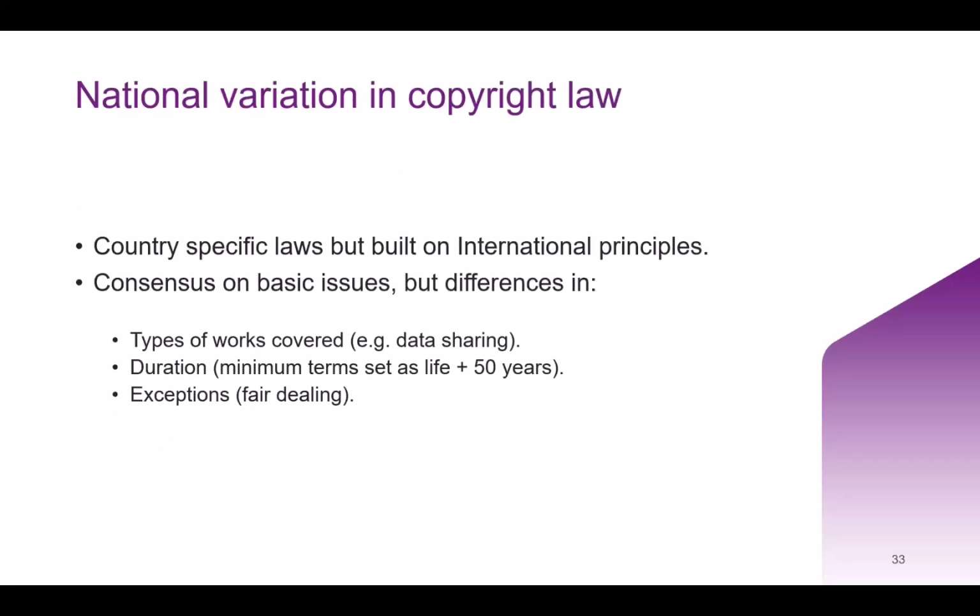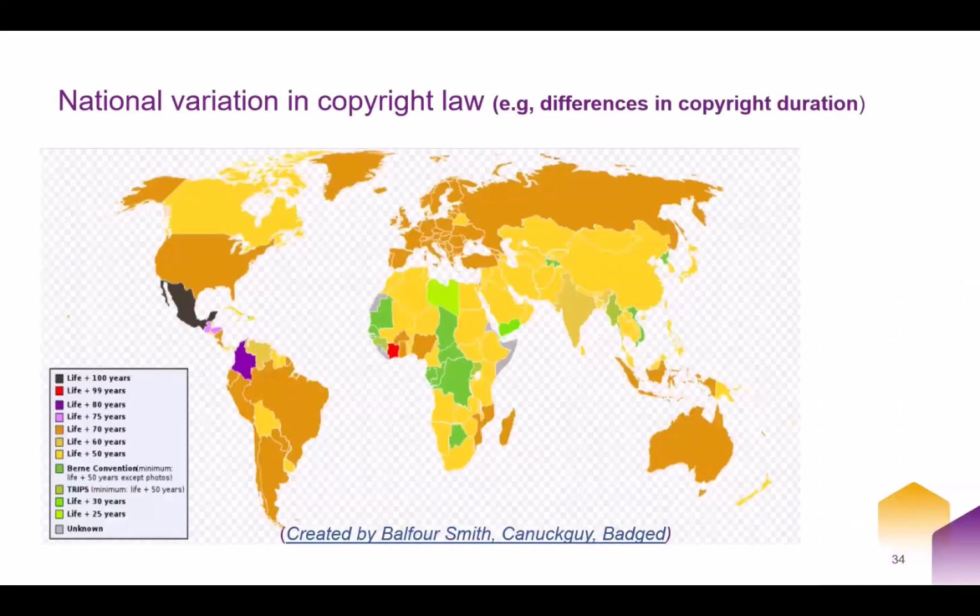So the national laws are built on similar basic standards, but there may be variation at a country level in terms of type of work, duration, and exceptions. I'll give you an example. This is an interesting map which gives you an idea of differences in copyright duration around the world.